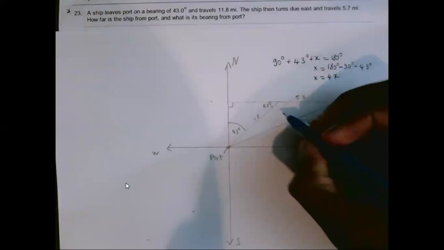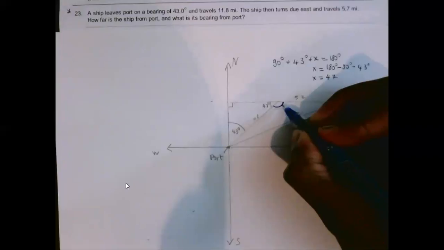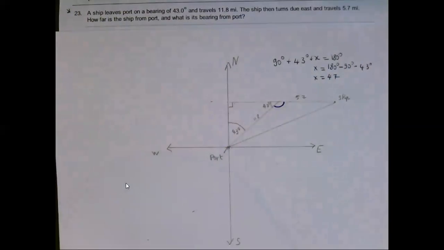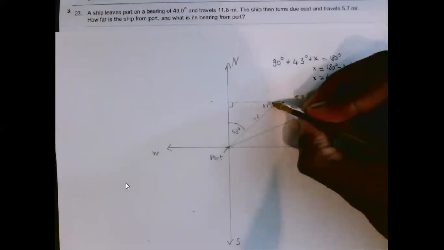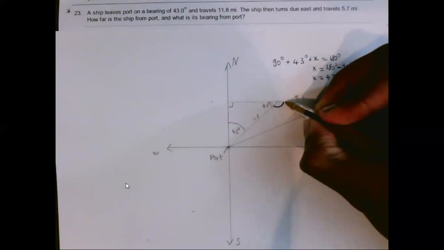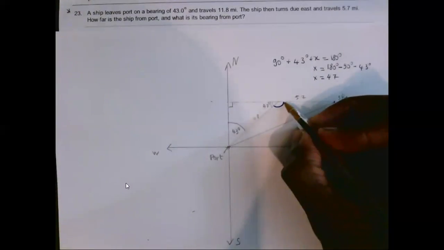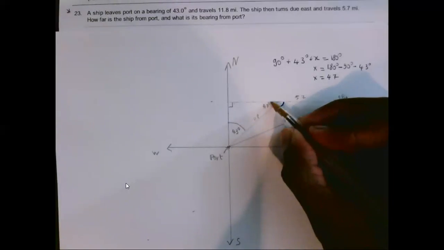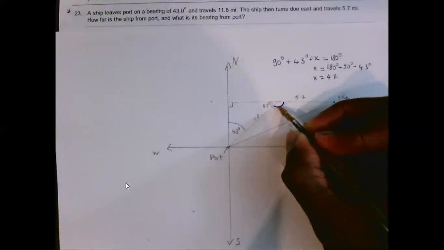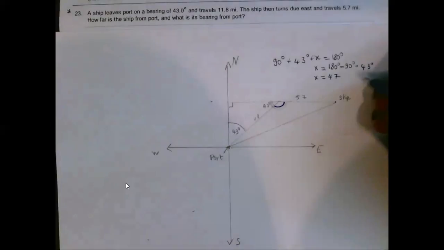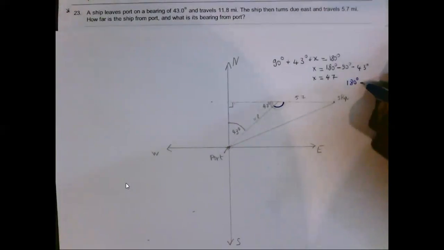I know that from here to here is 47, and the entire thing is 180 degrees. So I do 180 degrees, the entirety, minus the small portion 47 to find this one here. So 180 degrees minus 47 degrees is equal to 133 degrees. So the angle that is here is 133 degrees.